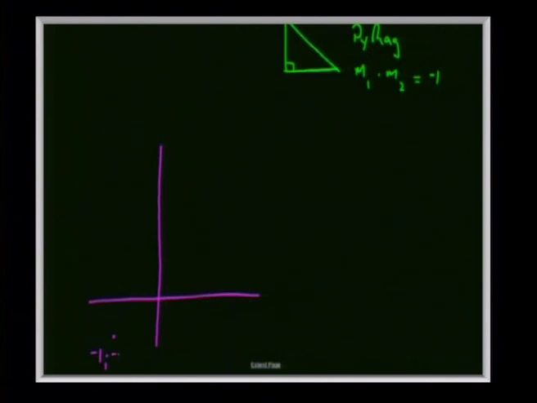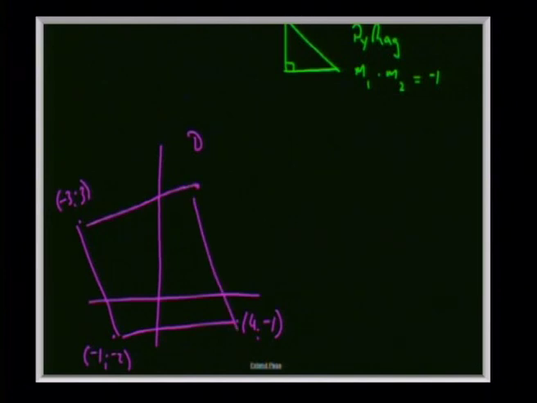I was given the point (-1, 2), and I was given the point (4, -1). Over here, I was given the point (-3, 3). And I was told that there was another point over here somewhere, and I'll call it point D, and I had to work out its coordinates.